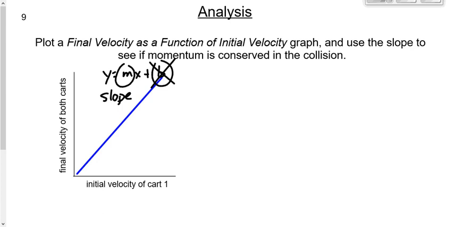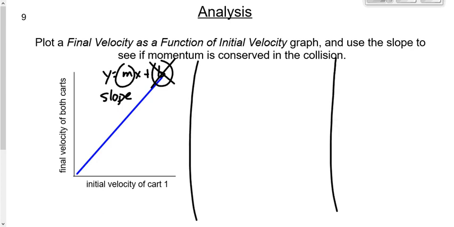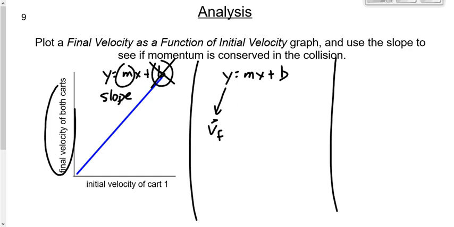Okay, so here's what we do. We make 2 columns over here beside the graph. In the first column, we write down y is equal to mx plus b because it's a straight line. And then when we replace y, this is from Grade 9 math, right? We replace y with VF because VF is what's on the y-axis. We replace m with the word slope.